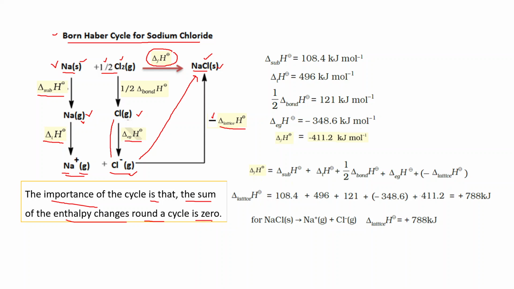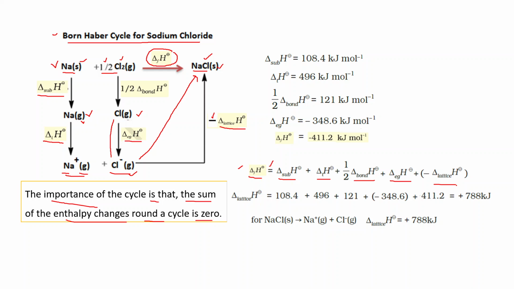If we apply Hess's law of constant heat summation, the standard enthalpy of formation is equal to the sum of enthalpy changes of the different steps, that is, the sum of sublimation enthalpy, ionization enthalpy, half of bond enthalpy, electron gain enthalpy, and negative of lattice enthalpy.